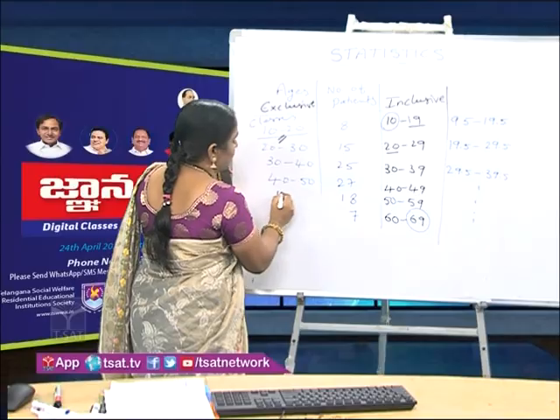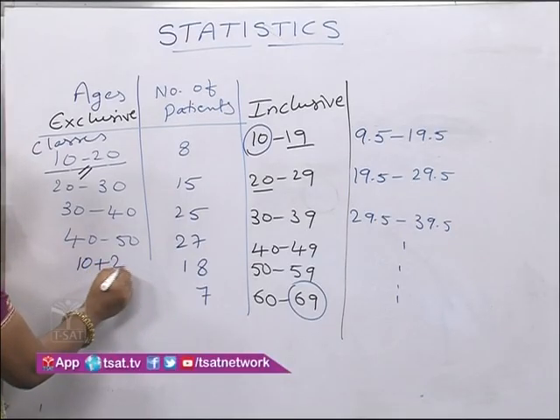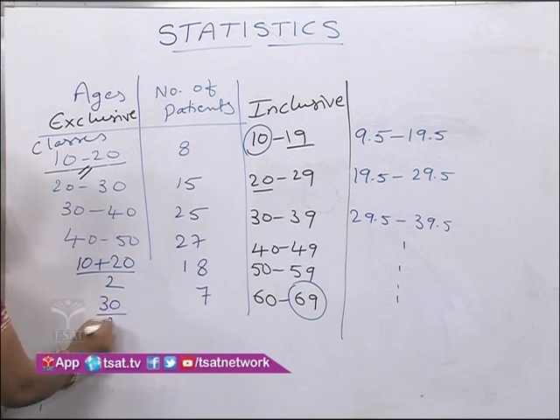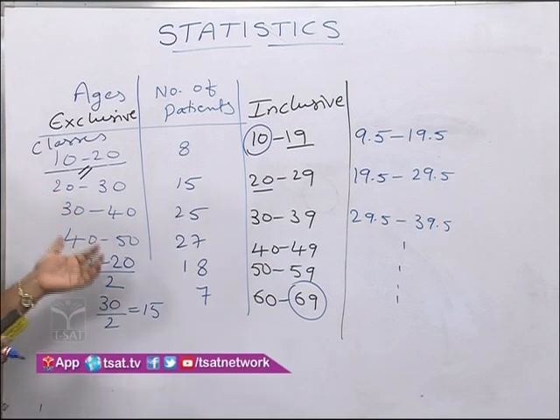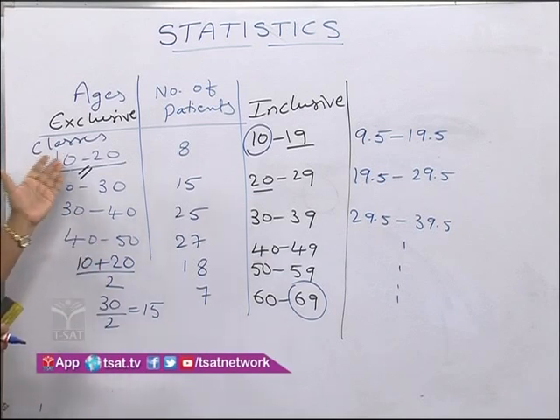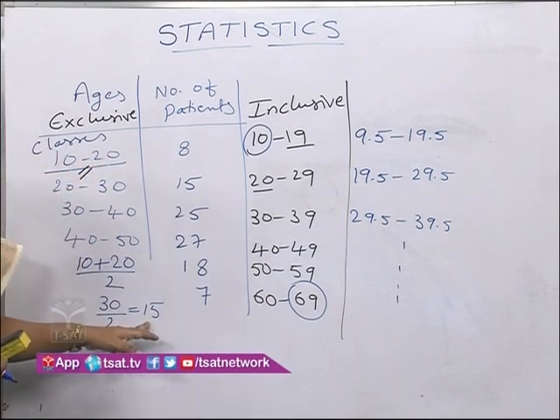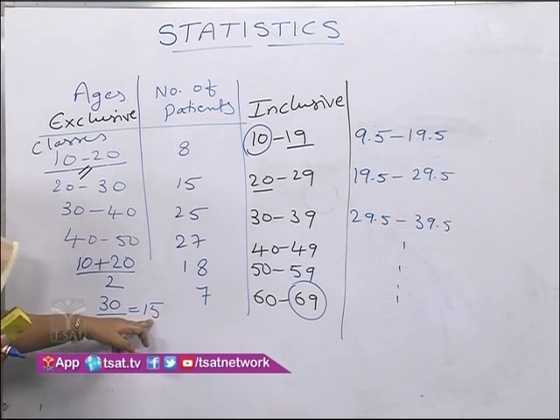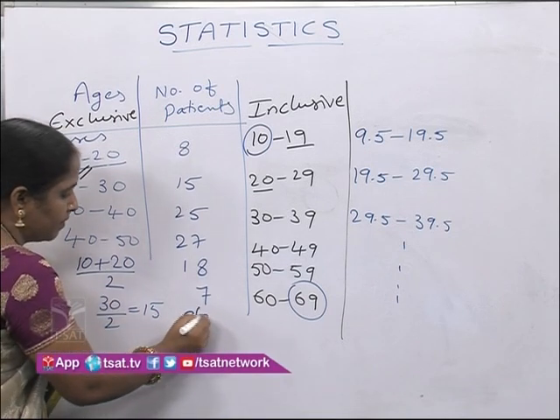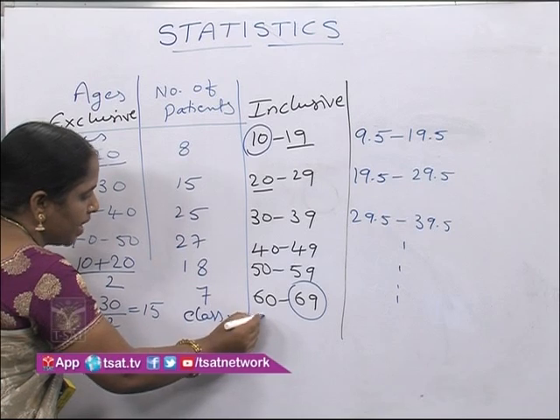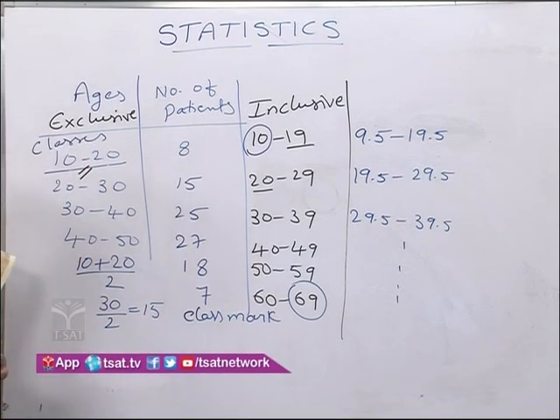Lower limit plus upper limit by 2. 10 plus 20, 30 by 2 is equal to 15. So here we consider that the values lying between 10 to 20 are approximately 15. This 15 is considered as the observation of the data, and we represent it with X, and it is also called class mark. What do we call it? Class mark or mid value of the class.